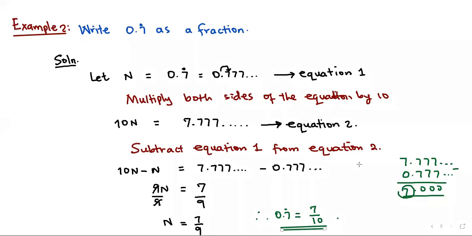Okay, so let's get another example. And for this example, we are going to have 2 digits repeating after the decimal point.